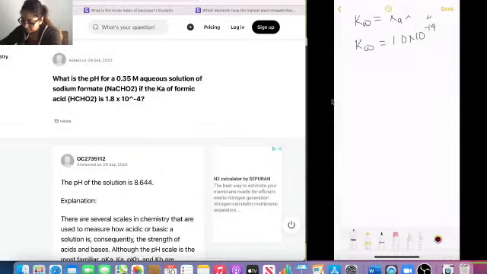And so we can say the reaction, so these reactions are reacting with water, and it's under equilibrium. So the reaction of sodium formate with water.